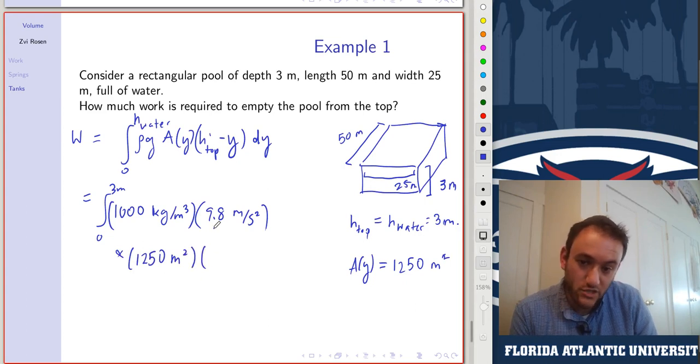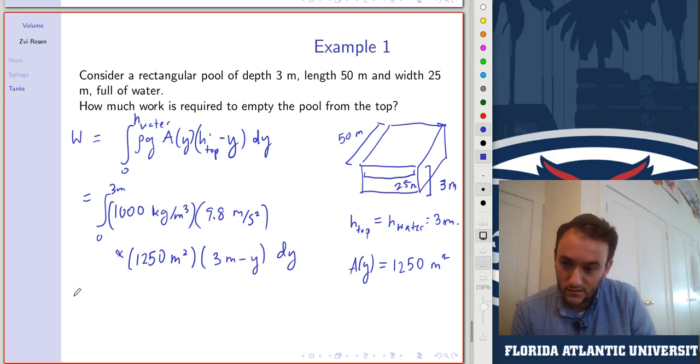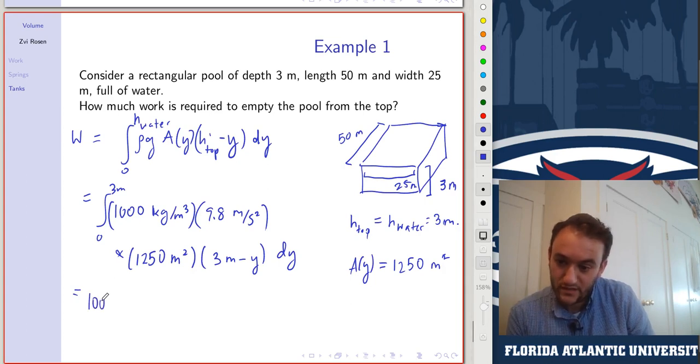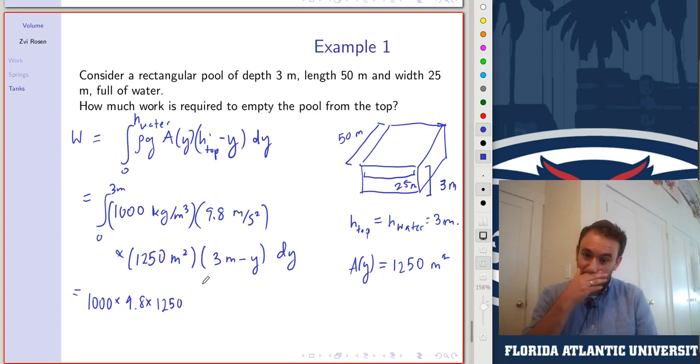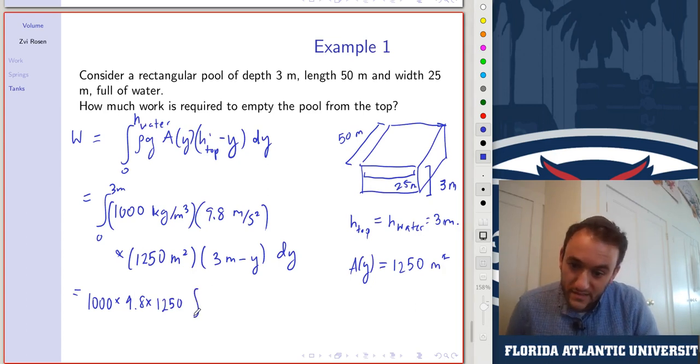And then h top is 3 meters, minus y, dy. From here, it's relatively straightforward. We'll bring all the constants out in front: 1,000 times 9.8 times 1250 times the integral from 0 to 3 of 3 minus y dy.